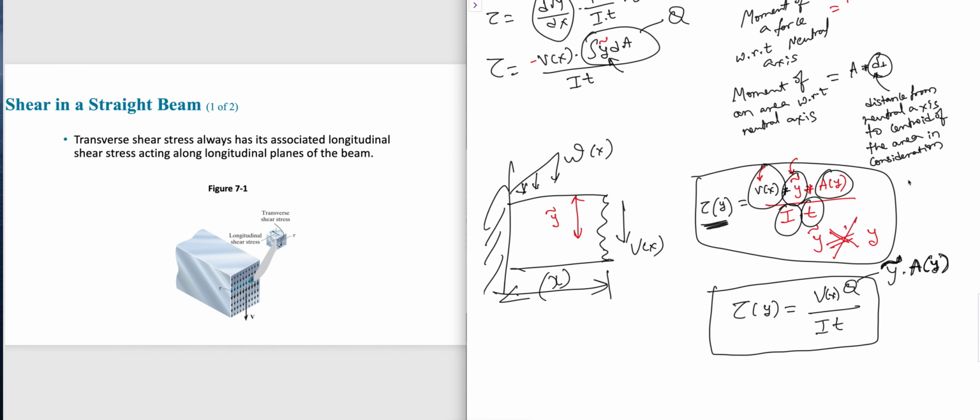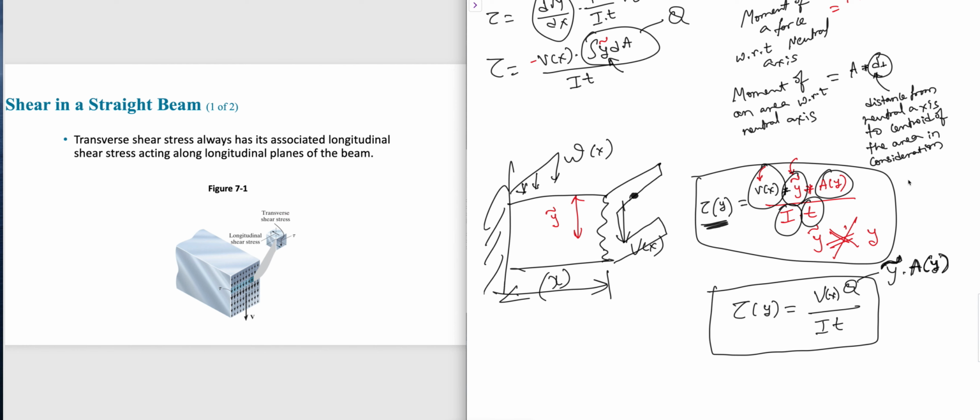Then if I ask you at this cross section, let's say the cross section would look like a C, and I ask you what is the shear stress at that point, you have to apply the formula. Or maybe I give you an I. It depends.